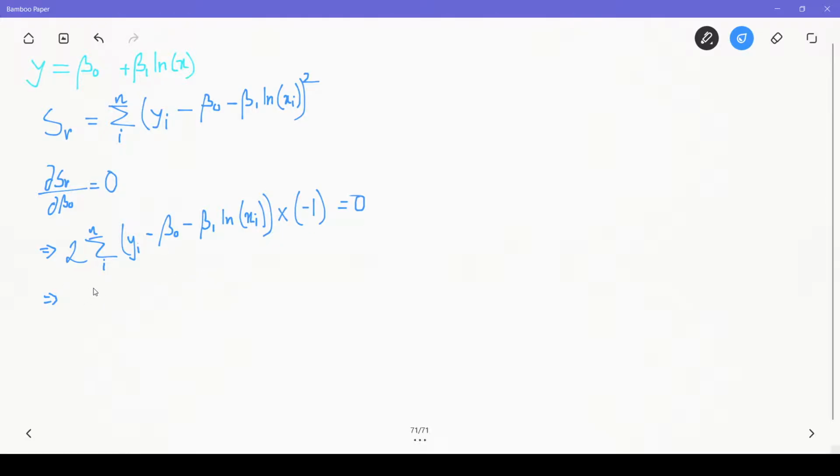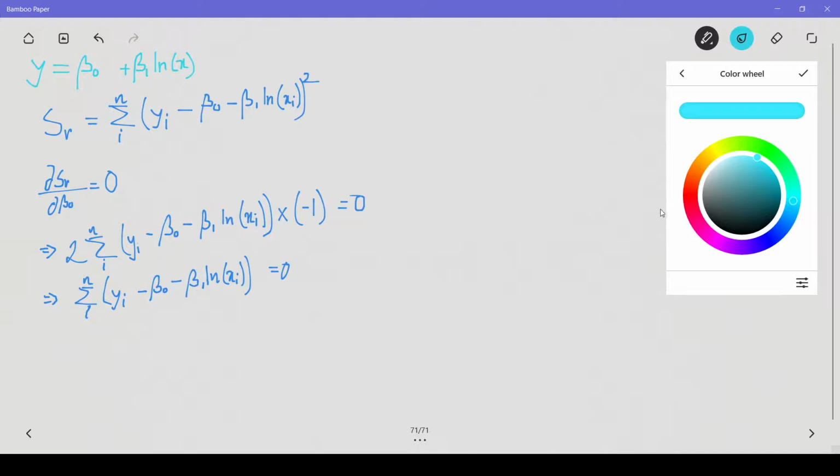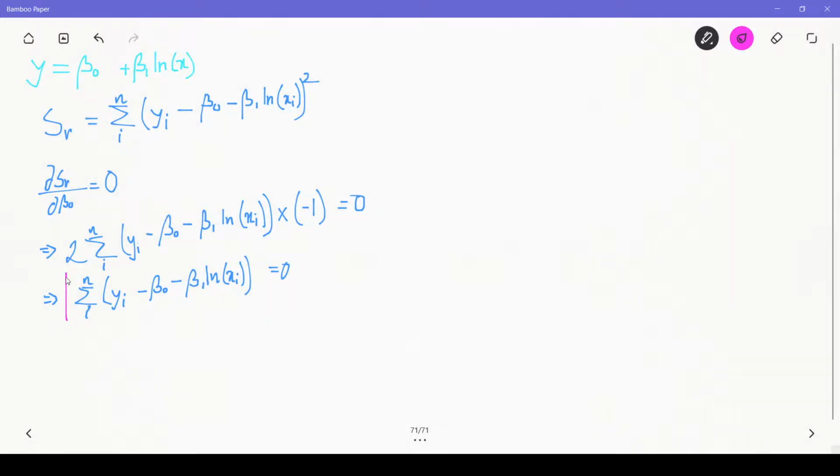So what we end up with is something like this. From i equals 1 to n, we have yi minus beta naught minus beta 1 ln x sub i equals 0, right? So let's mark this as our equation 1.